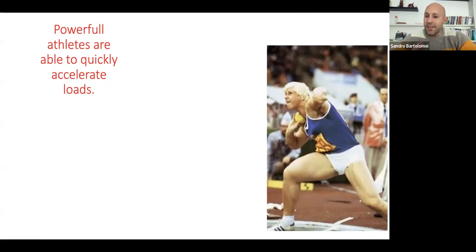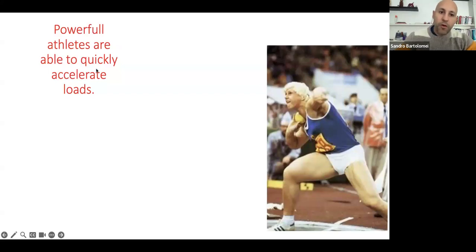But the load that she was supposed to accelerate was minimal, 4 kilograms. So why does she need such big quads in order to accelerate a load that is not actually so much? Because there is an overlapping between some mechanisms of maximal strength and of power.